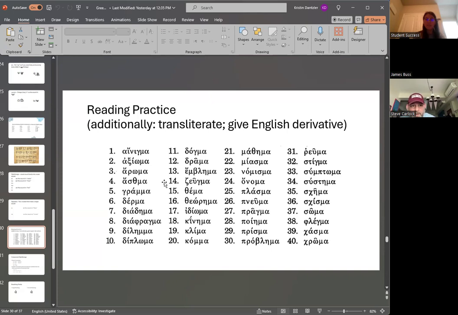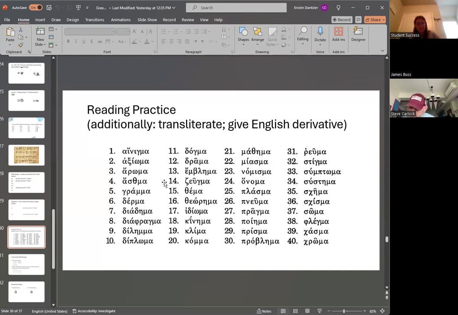Only vowels receive those. So is that a U or a Y? It's a U. Gamma, good, mu, and alpha. Good. Zeugma. Dogma. Yeah, very good.